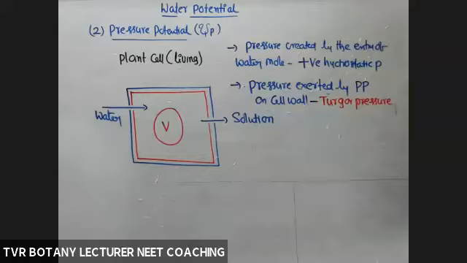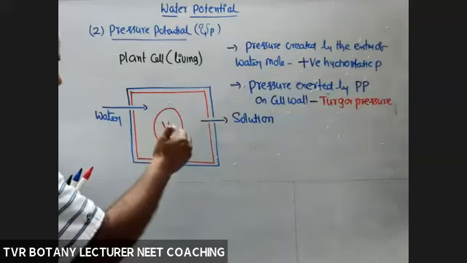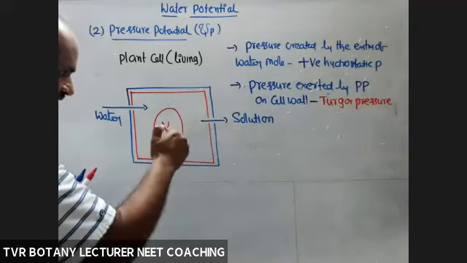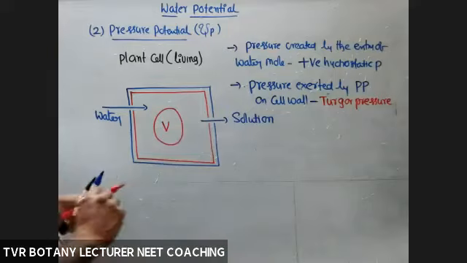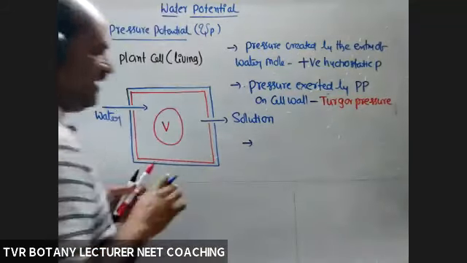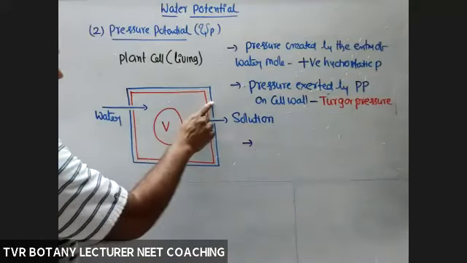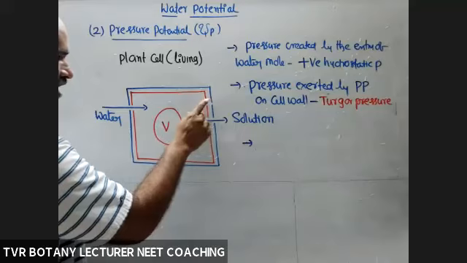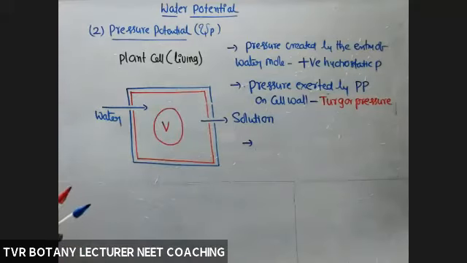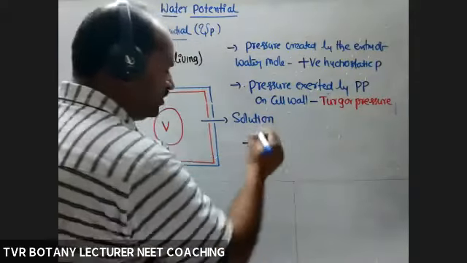Okay, so it is exerted from center towards periphery on the cell wall, and it is a centrifugal force. Next, against turgor pressure, the cell wall, as it is rigid, is also able to exert pressure on the expanding protoplast. Okay, so now what about one more pressure?